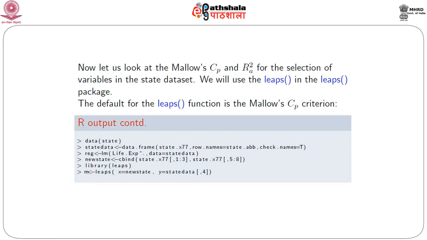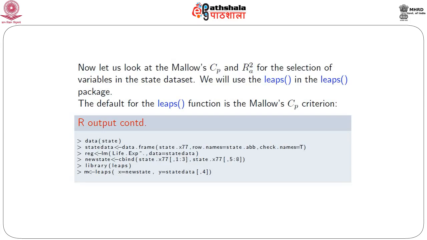Now, let us take a look at Mallows' Cp and adjusted R squared for the selection of variables in the state data. We will use the leaps function in the leaps package. The default for the leaps function is the Mallows' Cp criterion. So, we include the data state by writing the function data(state) and we put it in a data frame.